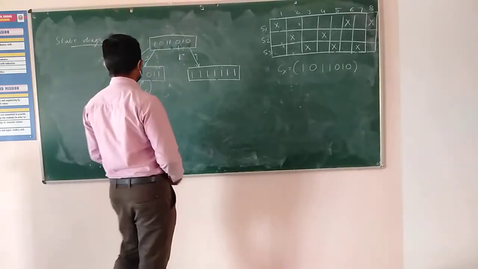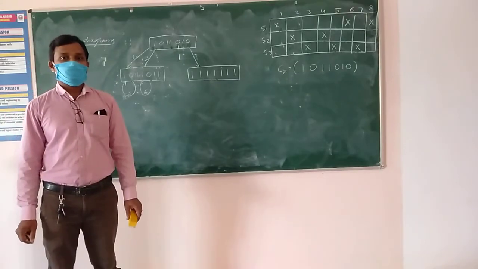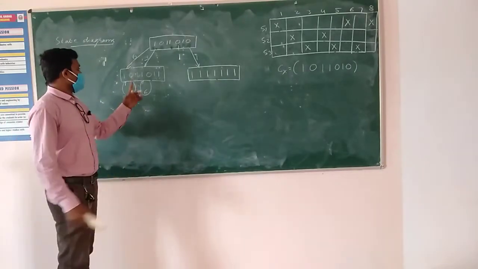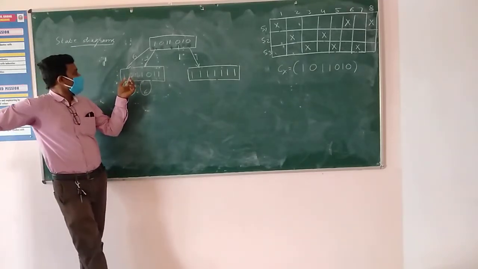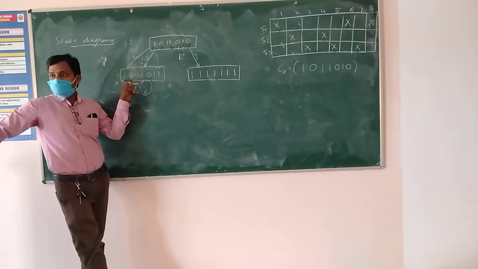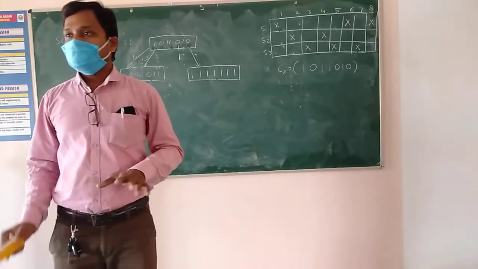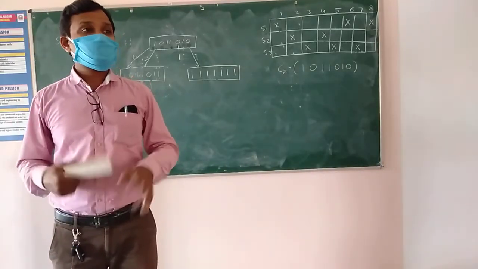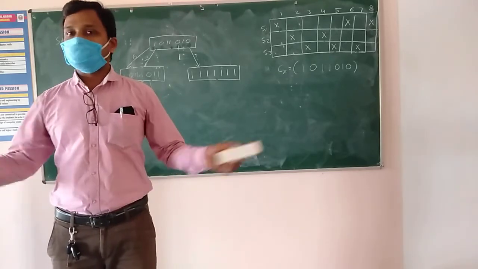Next. So this is the 6th right shift. For the 7th right shift, what do you get? 1. So when there is a 1, you need not perform any state transitions. Next, 8 shifts. What do you get? All zeros.